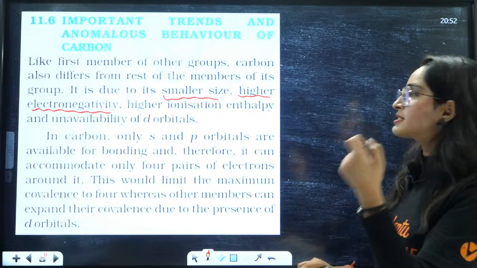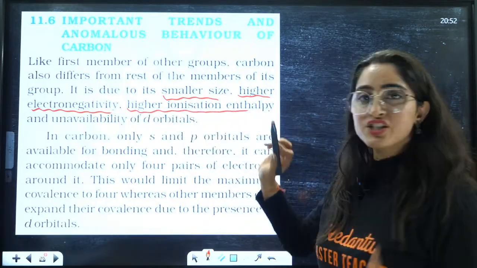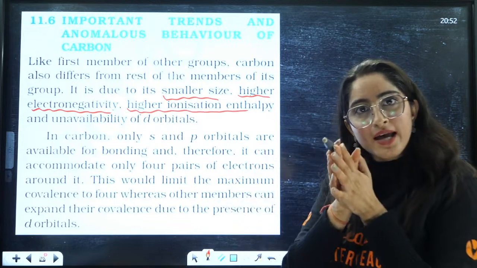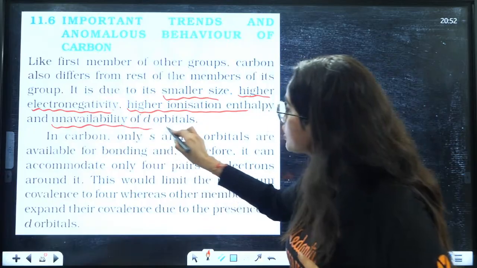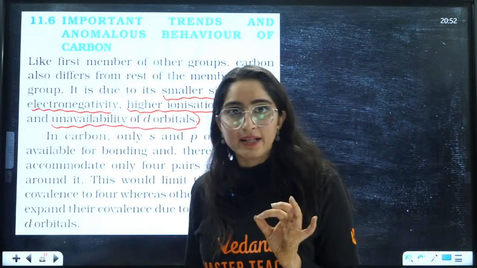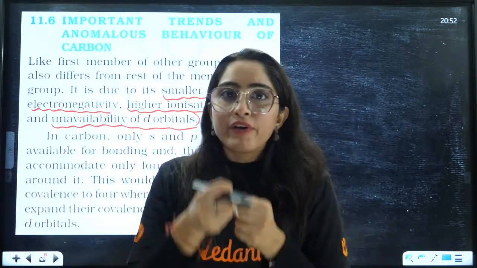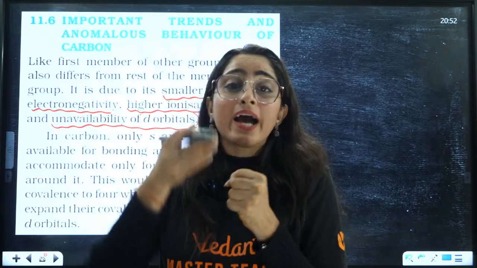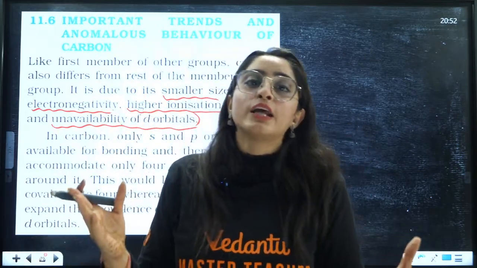Smaller size of the first element, higher electronegativity, and higher ionization enthalpy because of the smaller size, so it is very difficult to lose the electron. Then the most important reason is the unavailability of d orbitals. Because of this, it is very difficult to accept extra electrons into any vacant orbital because it has no vacant d orbitals.